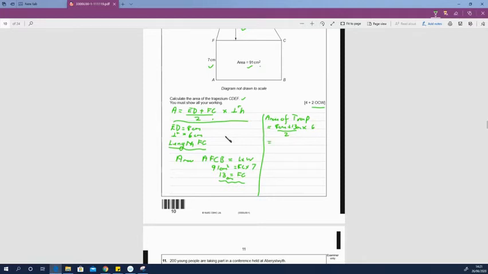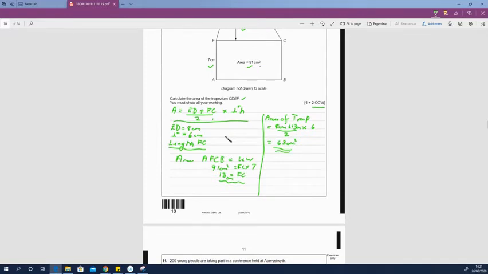So 8 and 13 is 21. 21 divided by 2 is 11 and a half. 11 and a half multiplied by 6 is 63 centimetres squared. And that's the area of the trapezium.